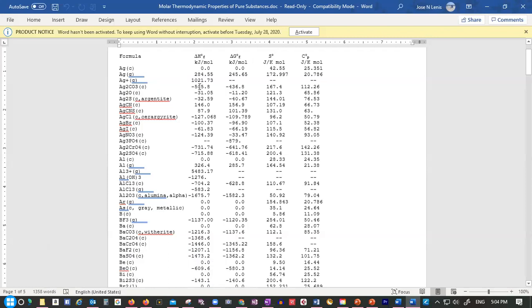There's no way to measure absolute values for delta H. There are no physical ways to measure these absolute values. That's why we measure the changes, comparing between final and initial states.